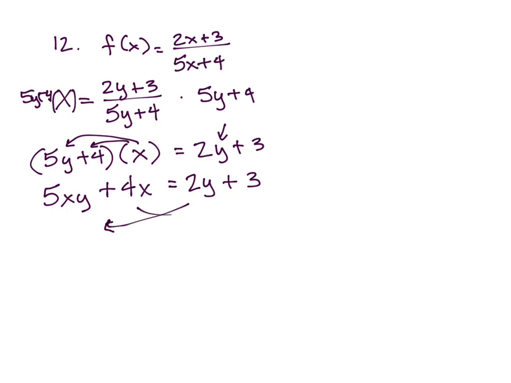We want everything that says x to push to the right. So I'm going to have 5xy minus 2y equal to negative 4x plus 3. I didn't show that algebra, but when those two variables cross equals, they change signs.